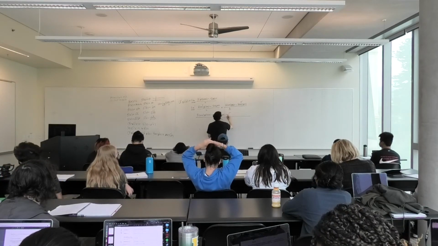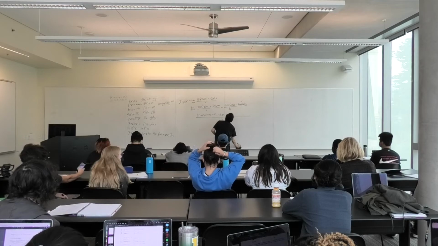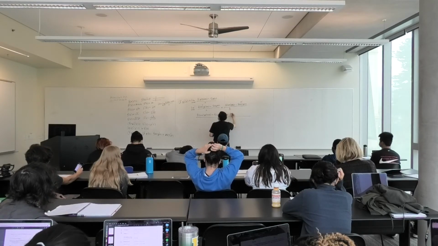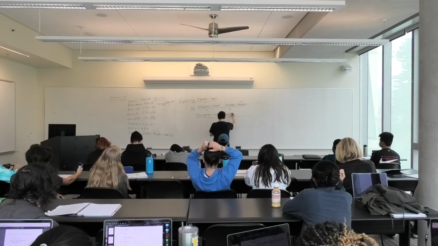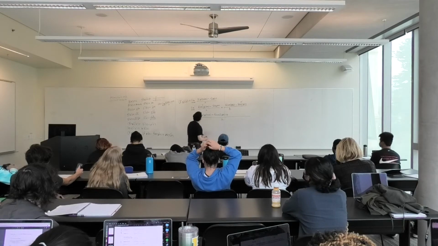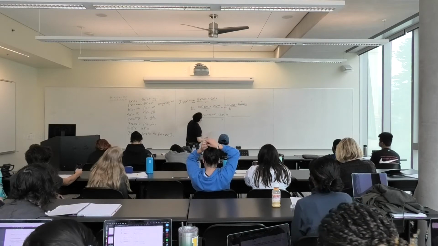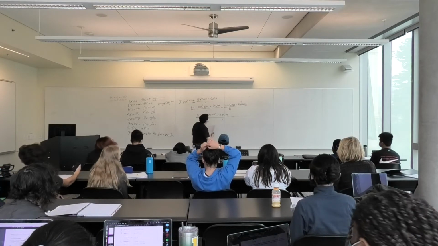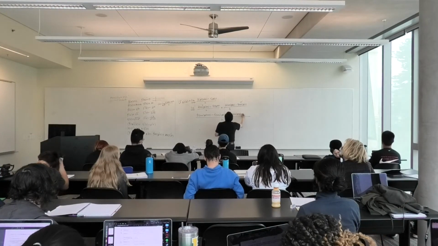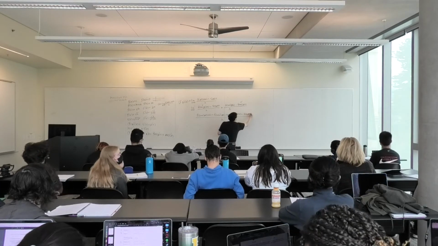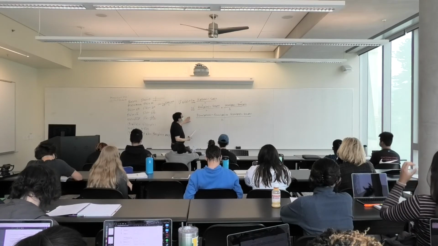No, I don't want a minus. Let's make sure I don't lose another minus. f of x plus h times g of x minus f of x times g of x. Okay, that looks great. Let's fill in the limit here.